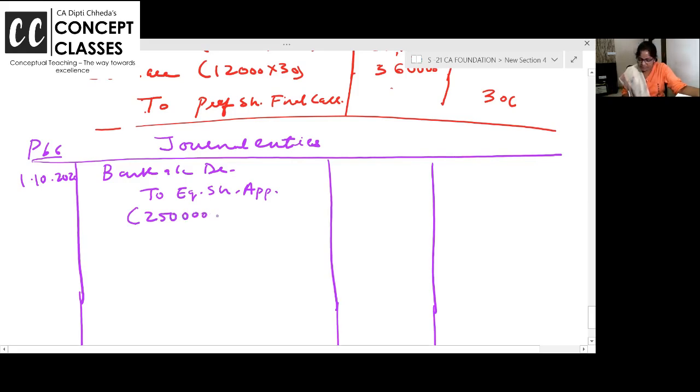2,50,000 shares into 25. So it is 62,50,000.